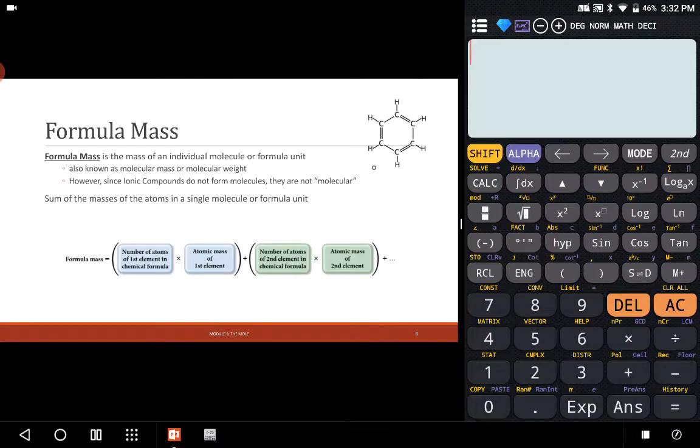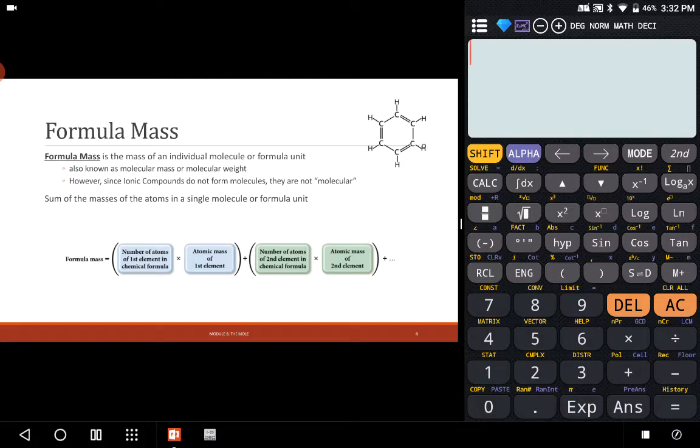So earlier we learned about atomic mass, which was the average mass of a carbon atom or a hydrogen atom based on the abundance of all the different isotopes of carbon and hydrogen respectively. And so atomic mass is just the mass of one atom.